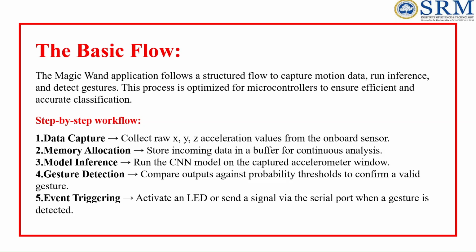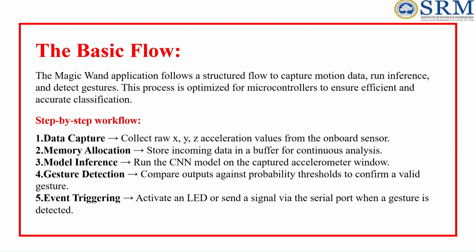Finally, let's look at the basic flow of the Magic Wand application as a whole. First step is the data capture, the accelerometer which continuously collects raw motion data. Then comes the memory allocation. The data is stored in a buffer waiting for enough samples. Then comes the model inference. Once the buffer is full, the CNN model runs on the data.